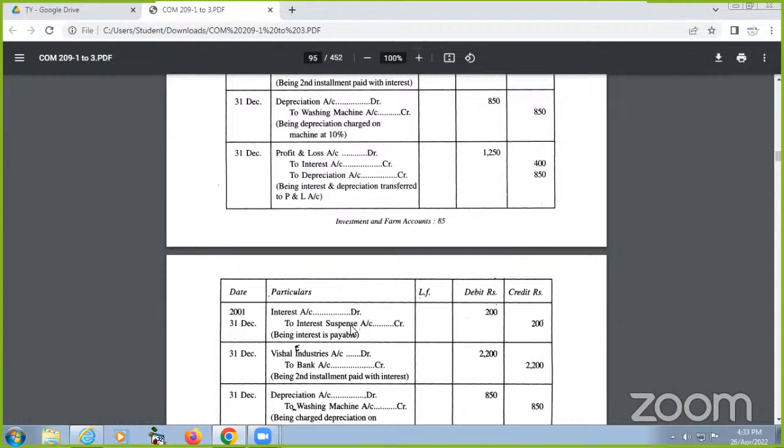Next is depreciation, and the entry is going to repeat in the first, second and third year. Only the first down payment entry is a one-time entry, but all the other entries keep repeating in your accounts.